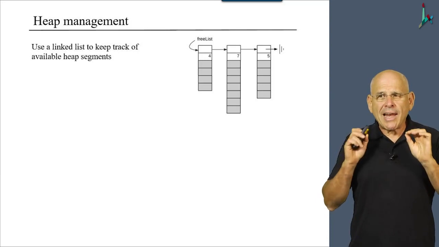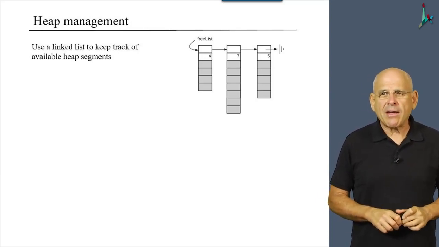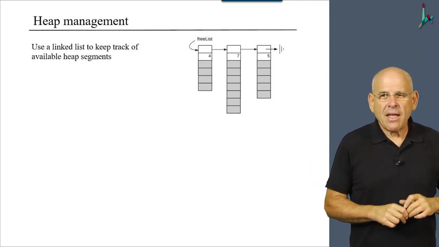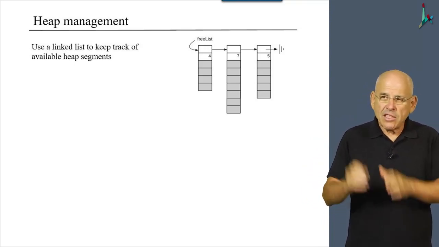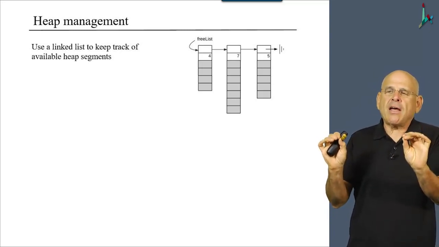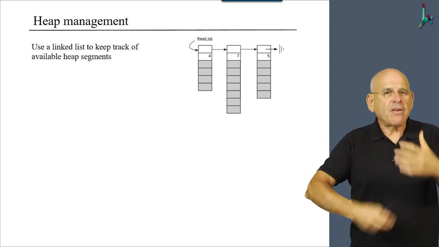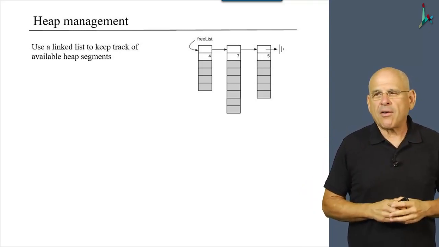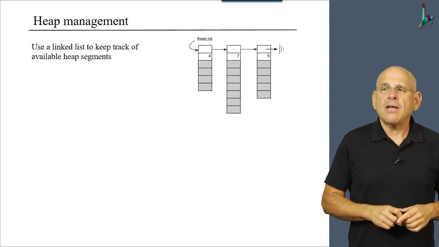We're going to use a linked list to keep track of all the heap segments which are presently available to us. What you see here is a snapshot of how this linked list would appear after we already created a few objects and arrays in our program.